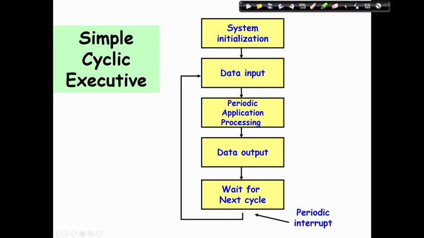So, here initially, to start with, the system is started with a system initialization, where various parameters are set, and then there is a periodic timer which gives a timer interrupt, and it is the cyclic executive which starts a call to a program, or executes a program where initially there is a data input, application processing, and then data output, and then it keeps on waiting until the next period comes.